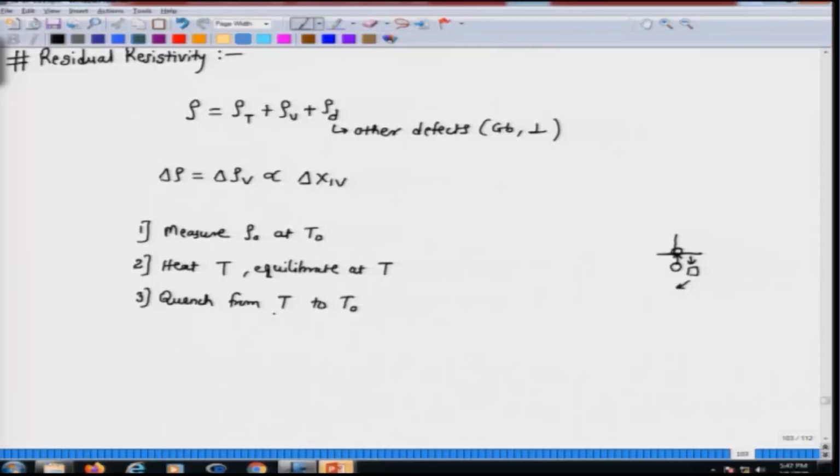That means the creation or annihilation of vacancies requires time, because it is driven by diffusion. By quenching from higher temperature T, we are not giving enough time to vacancies for annihilation, and so the excess vacancy concentration will be retained at the lower temperature.